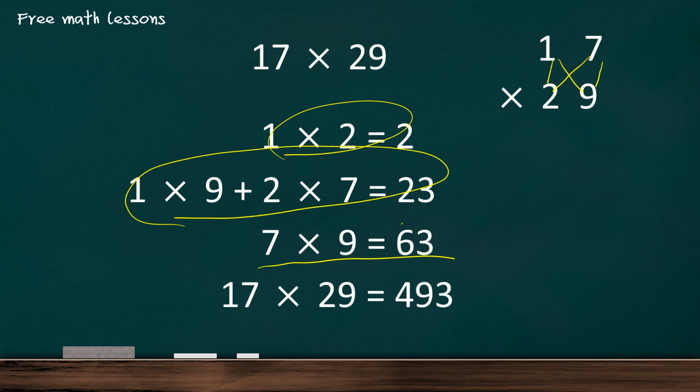23 and 63 are both greater than 10. If you add 6 to 23, you get 29. Then you add the tens digit of 29 to 2, you get 4.